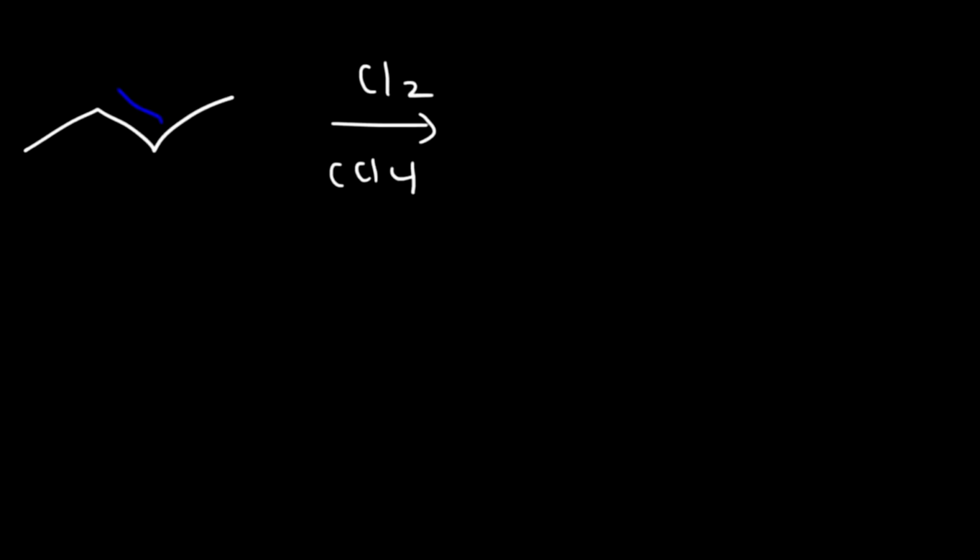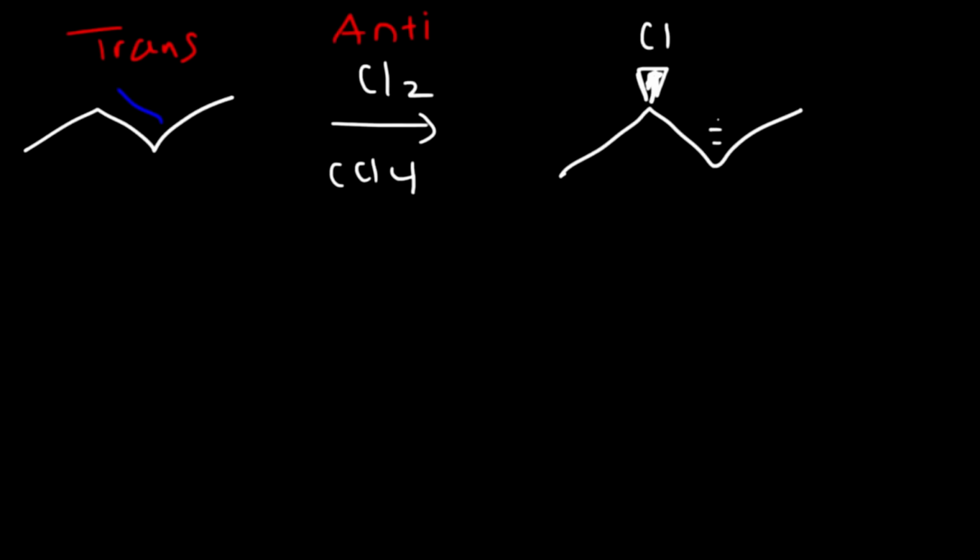So we have a trans alkene and an anti-addition reaction. This will lead to a meso product if there's a line of symmetry. So one chlorine atom, we're going to put it in the front, and the other one, we're going to put it in the back, facing the same direction initially.